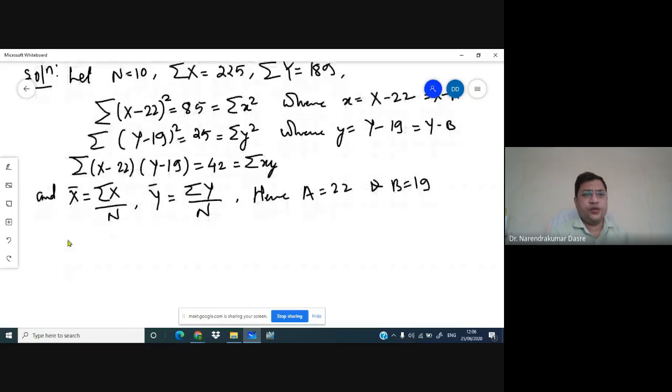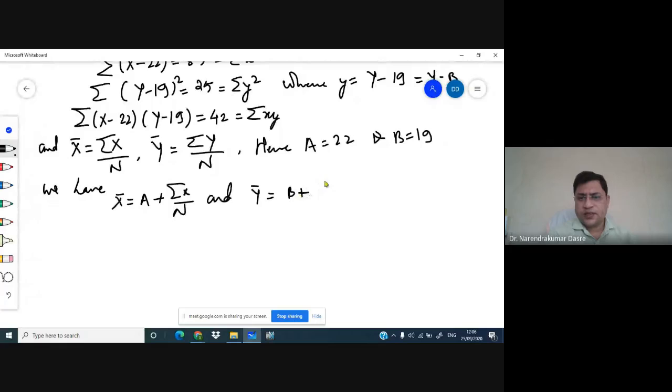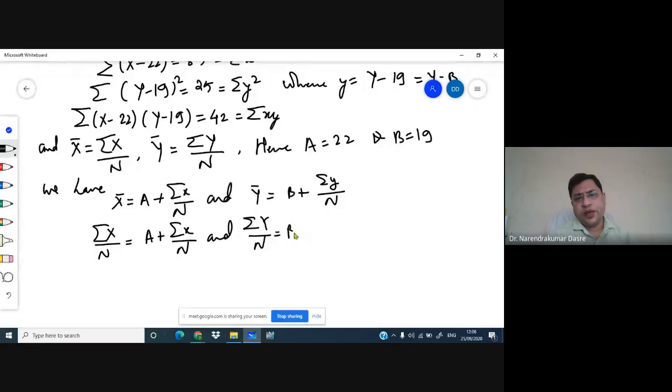Now we can use this formula for x bar and y bar. What is x bar? X bar is a plus summation small x upon n, and y bar is equal to b plus summation small y upon n. So we got summation capital X upon n is equal to a plus summation small x upon n, and summation capital Y upon n is equal to b plus summation small y upon n.